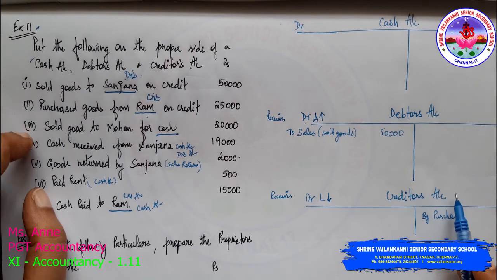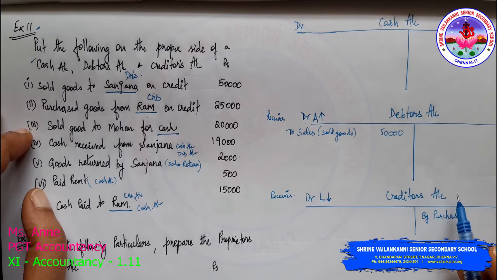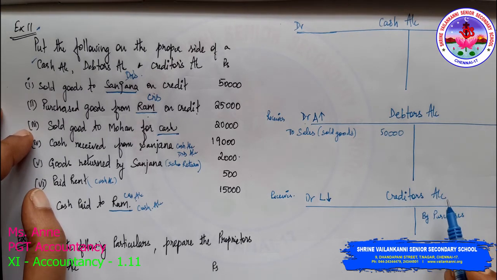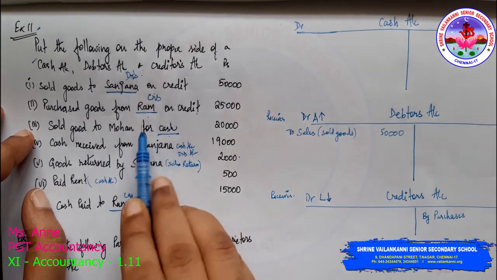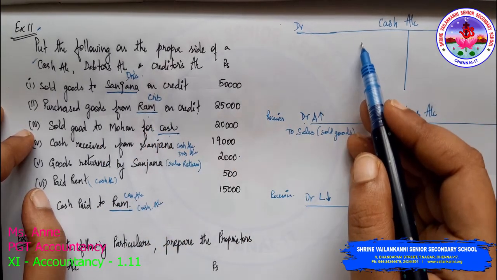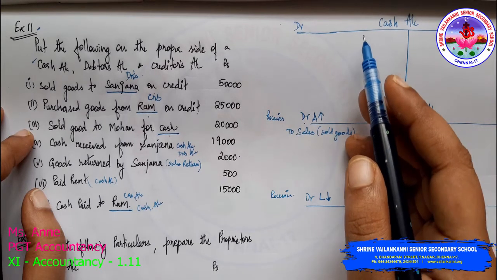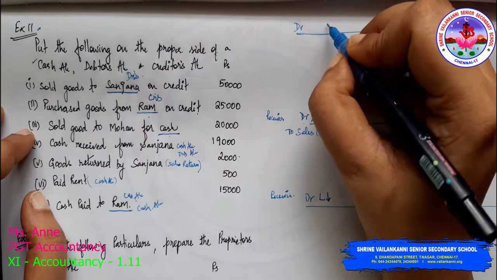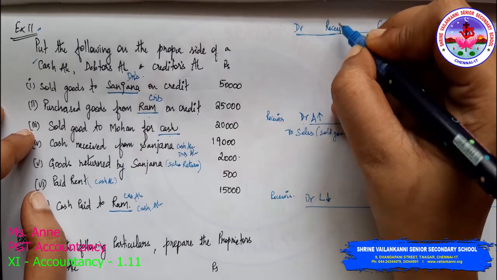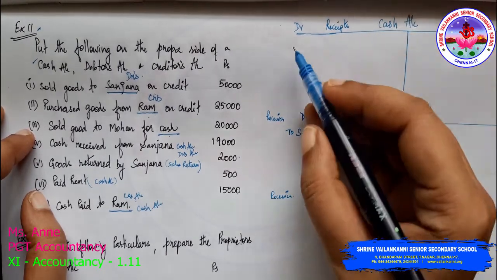Then sold goods to Mohan for cash. Now sold goods to Mohan for cash. It is only a cash transaction. Only cash will get affected. So always for cash alone, what I have told you, if it is receipts, you will write it on the debit side.